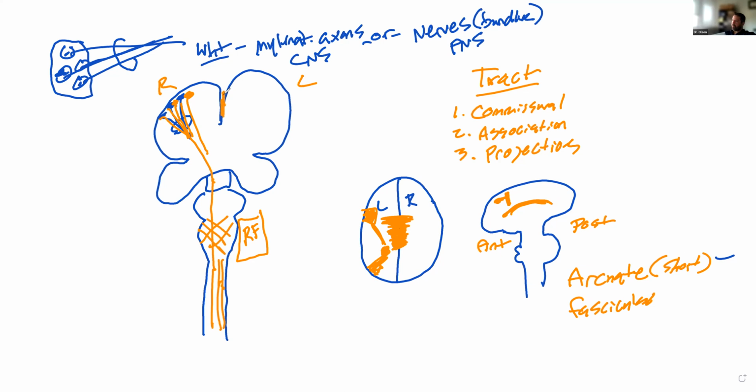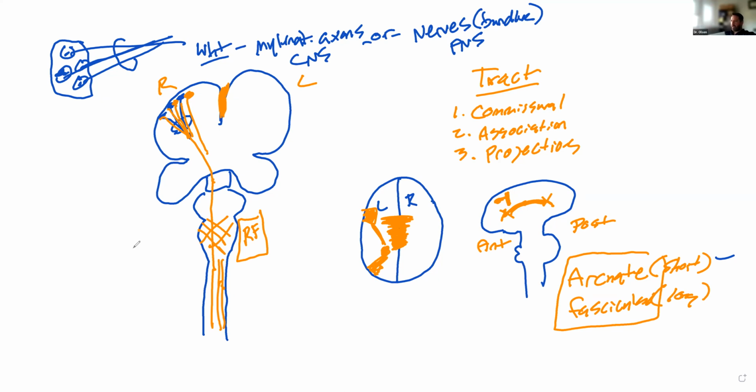So don't confuse fasciculus with fissure. A fasciculus is a long fiber. We have the arcuate fasciculus, which is that communication fiber between your Broca's area and your Wernicke's area and your language processing center.